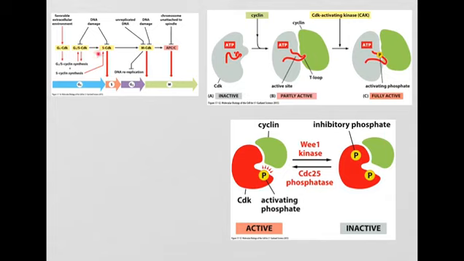So if you add those levels of regulation to this cycle, you can see how these enzymes, the various kinases and phosphatases, can be tied into the level of DNA damage, some sort of proofreading function, and relatively quickly modulate the activities of these cyclin CDKs, and that's exactly how it works.